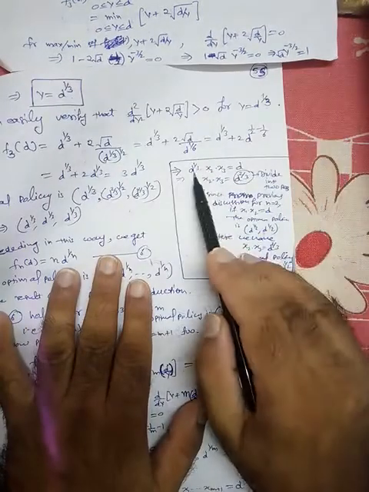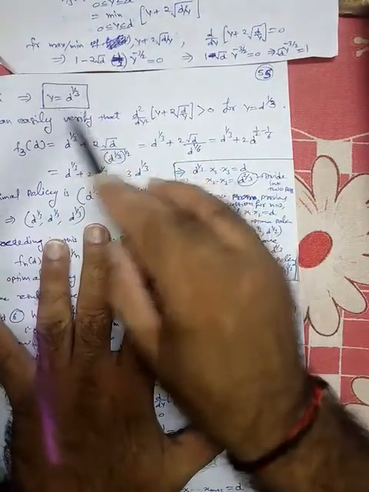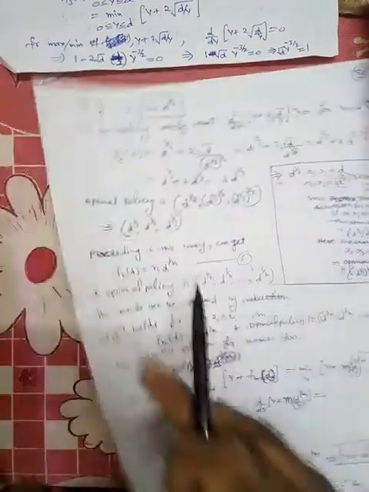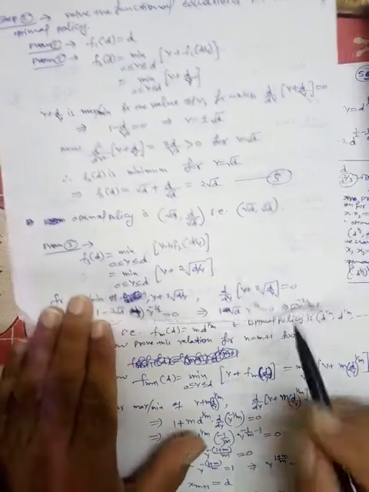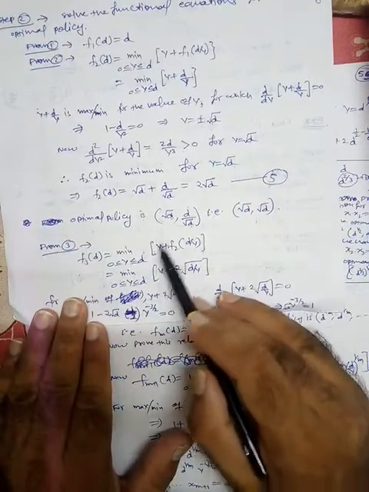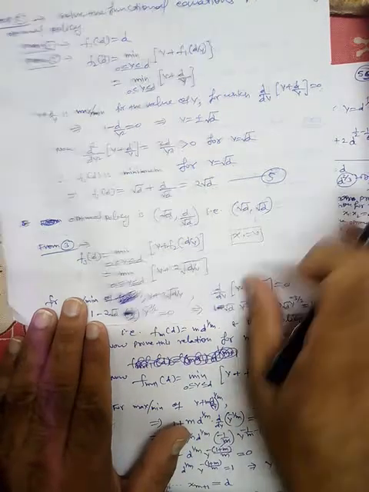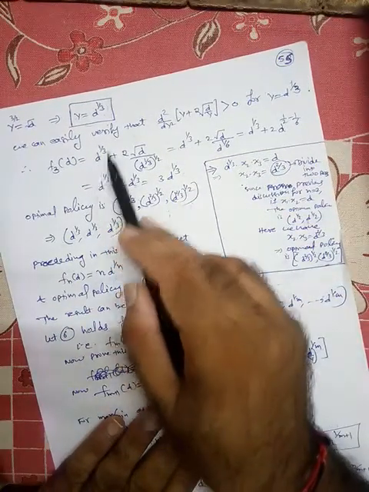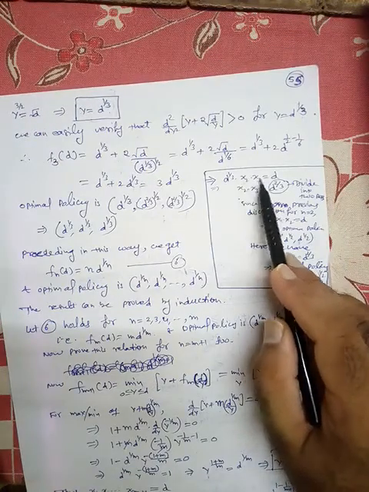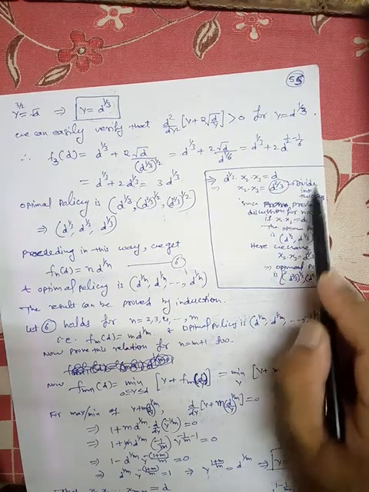Here is the logic: y means x1 is y. y is d raised to the power 1 by 3, and x2 x3 is d raised to the power 2 by 3, and this is to be divided into 2 parts.